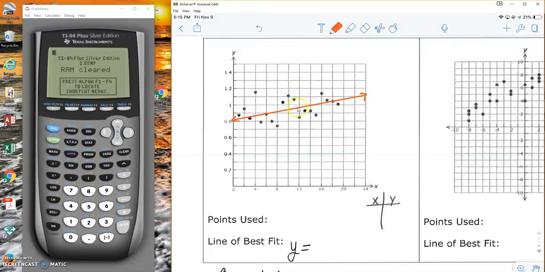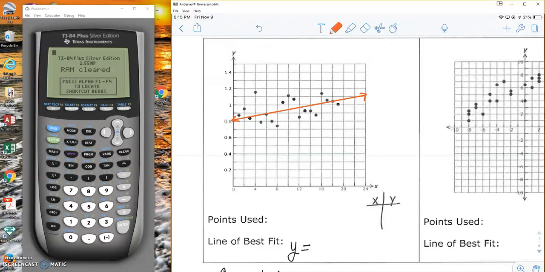This one doesn't hit all of my points, and that's okay. Our lines are going to look a little differently because we're talking about real world data, and unless you want to plug in all of these points, which I don't, then we're just going to draw a trend line. We're going to use a couple of points in our trend line, and we're going to move on, and it's going to be okay.